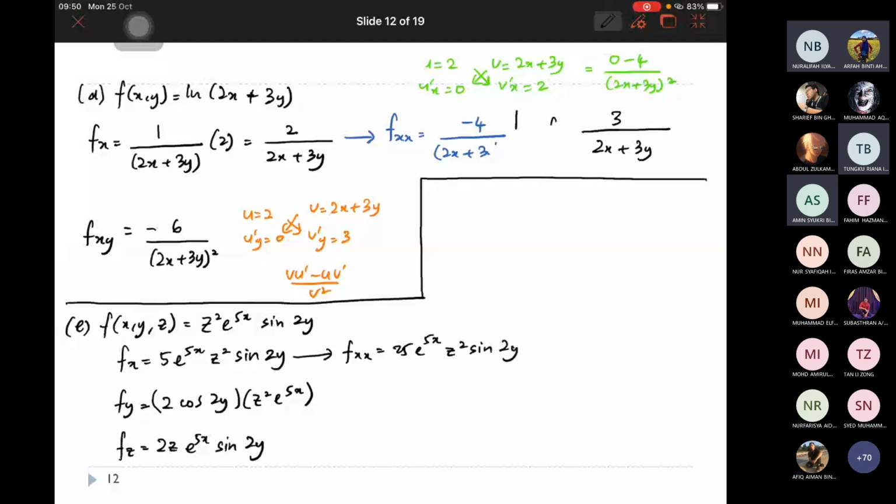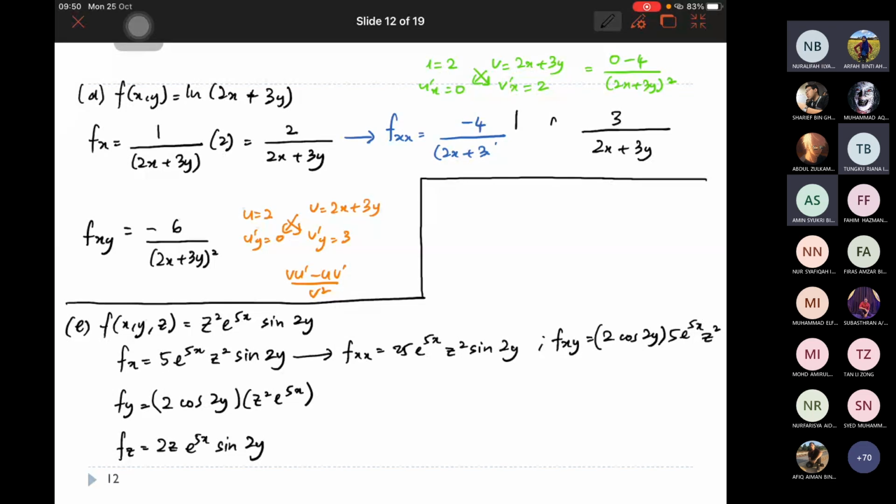Okay. fxy for this term akan sama dengan 2 cos 2y. Okay. 2 cos 2y darabkan dengan 5 exponential 5x z kuasa 2.